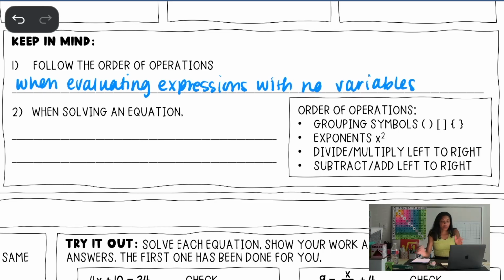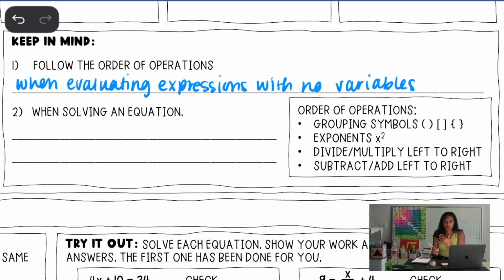If I just gave you a random expression, we would use the order of operations, PEMDAS, BODMAS, however you do order of operations. We wouldn't have any variables. We're looking for a final answer. When we are trying to solve an equation, we're looking for a value to fill in for that variable.